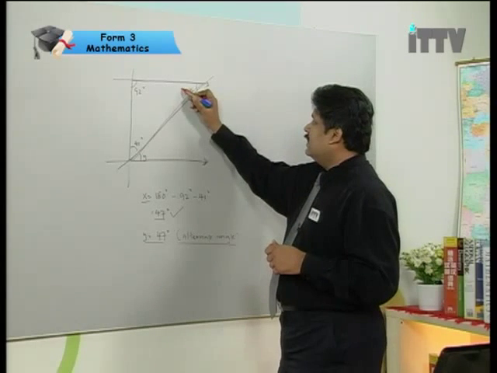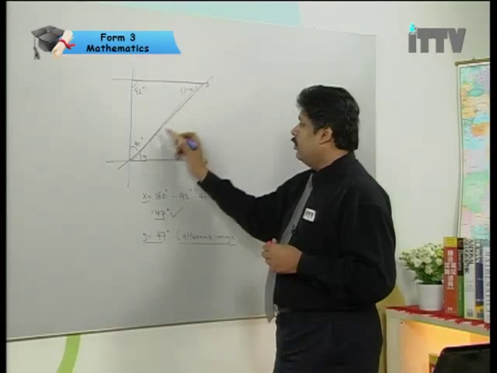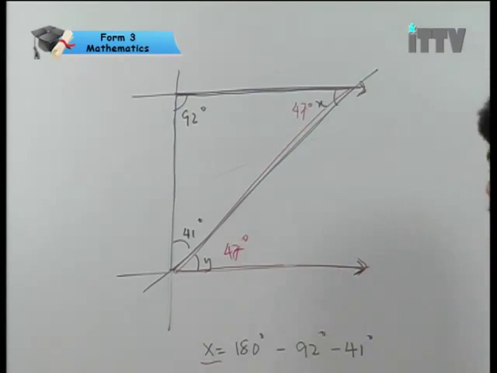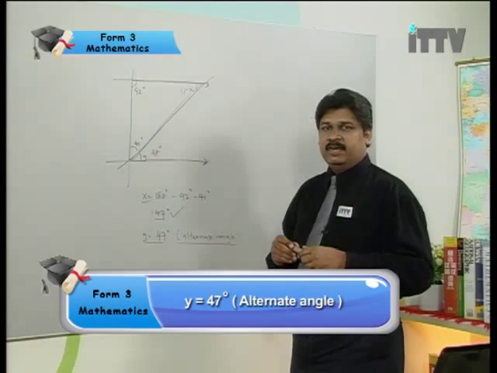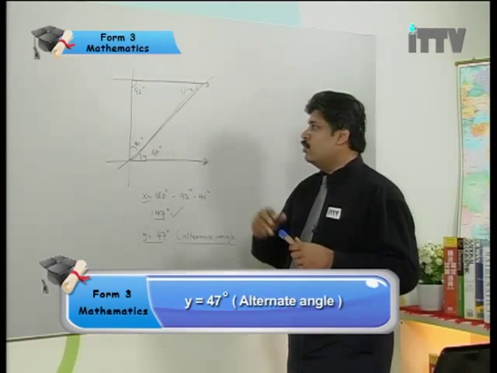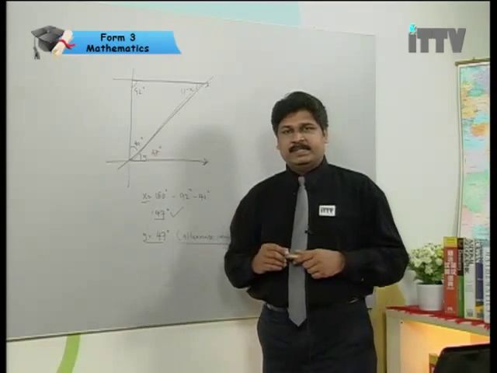Therefore, since x is equal to 47 and it is an alternate angle, y should also carry the same amount. Therefore, the y value is 47 degrees because it is an alternate angle. This is how we attempt this question. Let's move on to the next question.